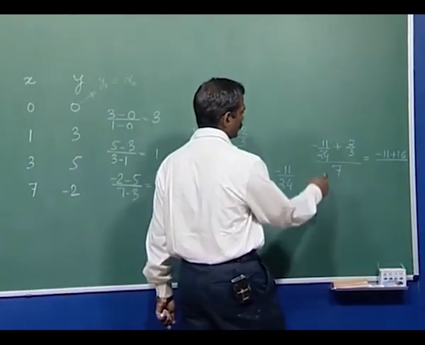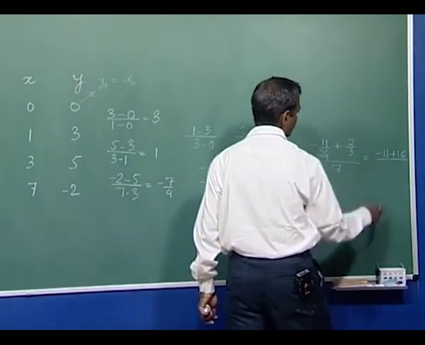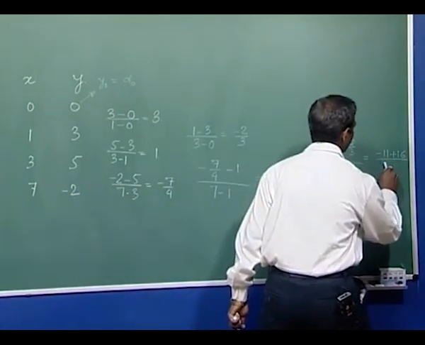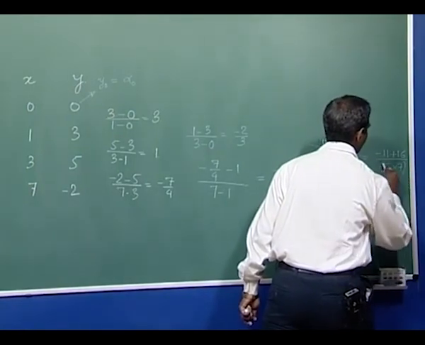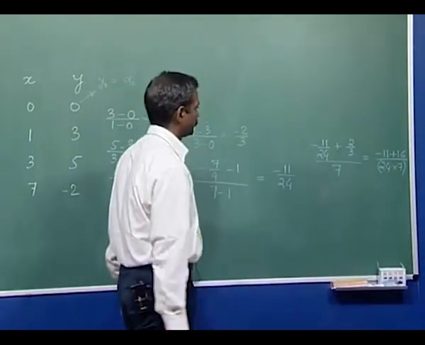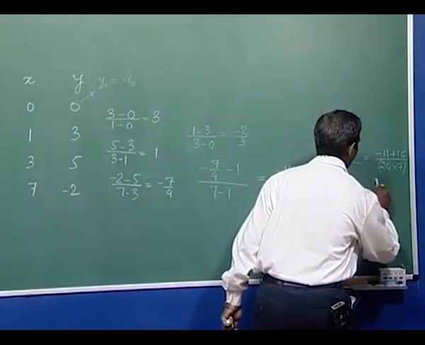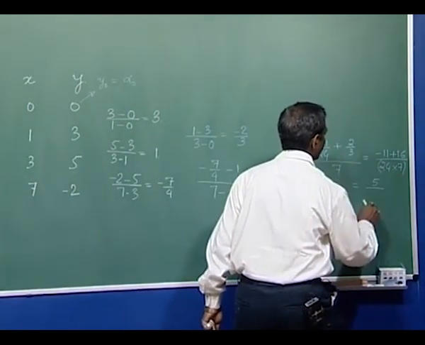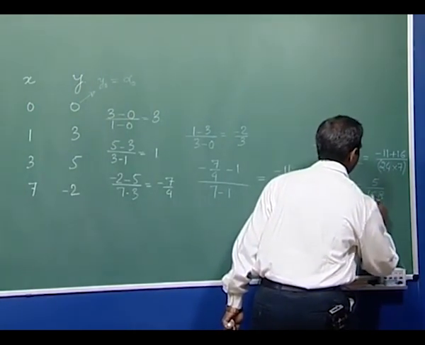This turns out to be minus 11 plus 16 over 24 times 7. This is equal to 5 over 168.